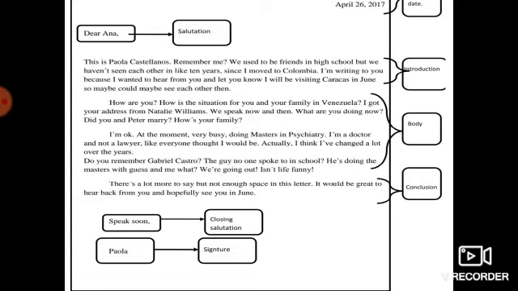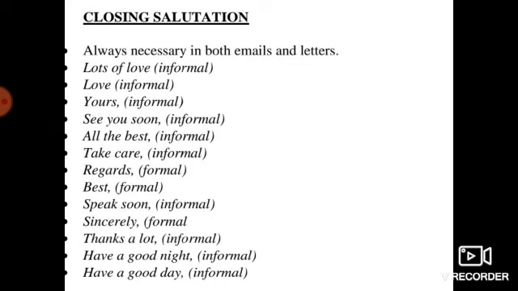In contrast, an informal email closing may be extremely casual, and it may even omit this part. So here are some examples for closing salutations.